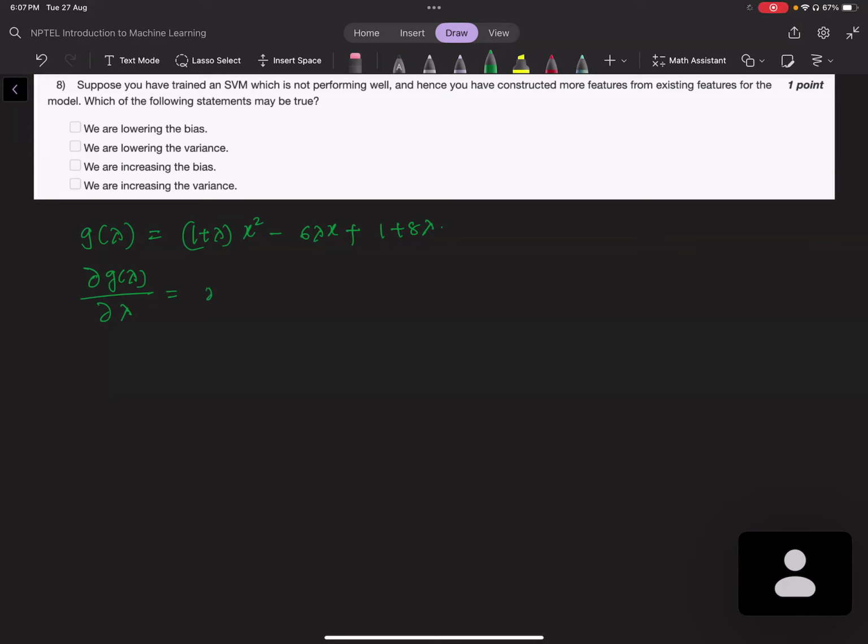Then it will be x² − 6λ plus 0 plus 8, which equals x² − 6λ + 8.